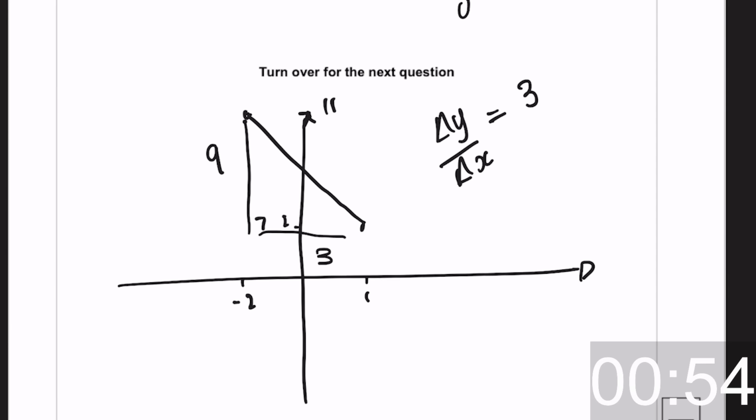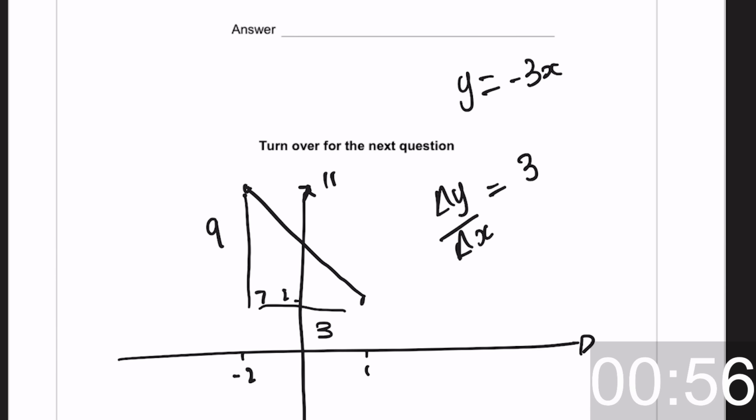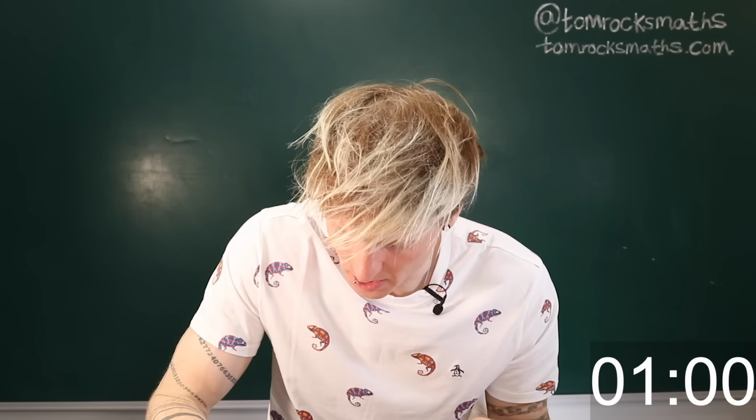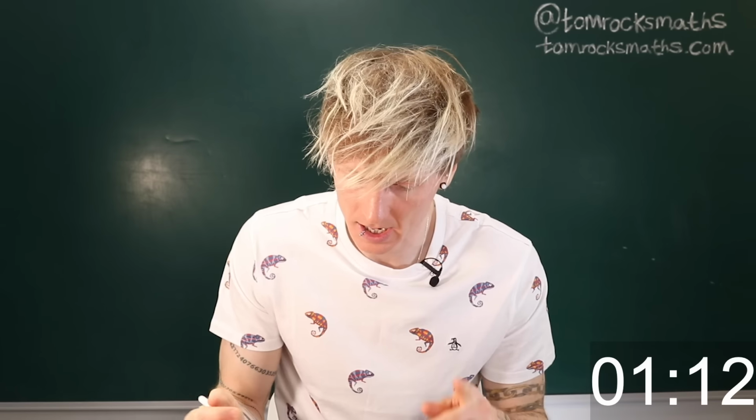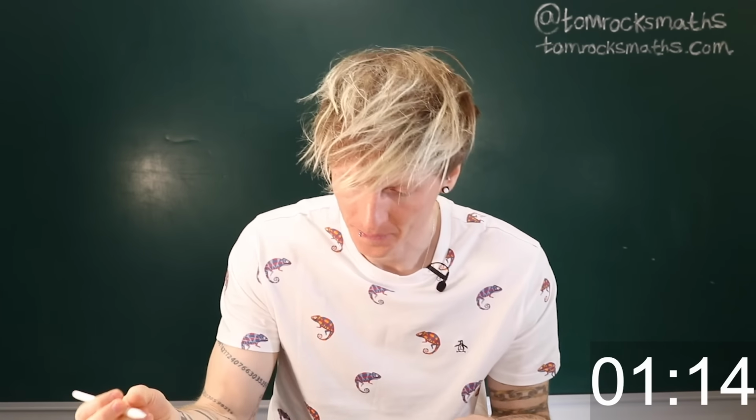So I think it's y equals -3x plus c, and then to work out c, let's try a point. So when x is 1, y needs to be 2. So 2 must equal -3 plus c, so c must be 5, and then let's just check that that makes sense for the other point.